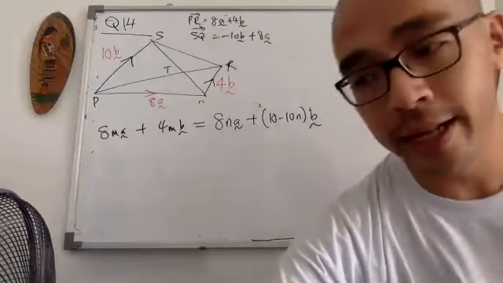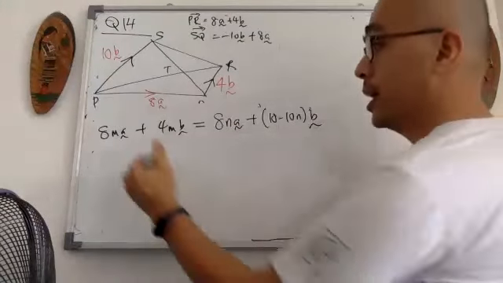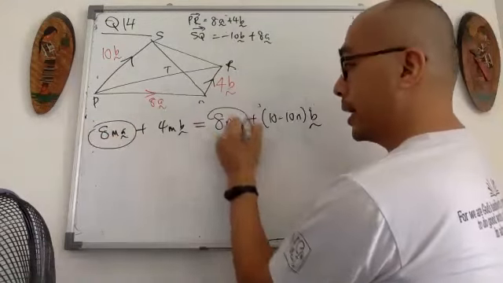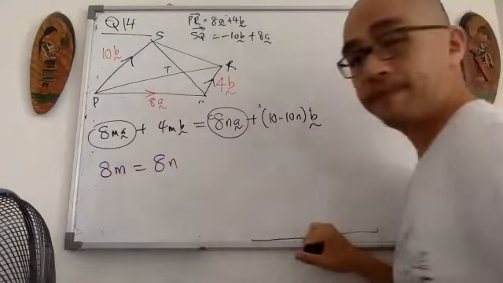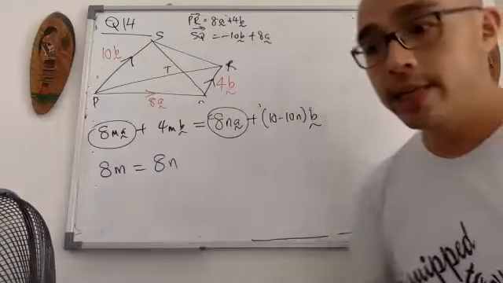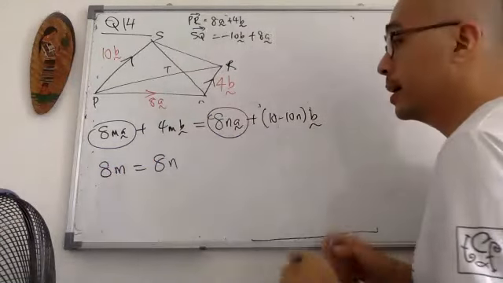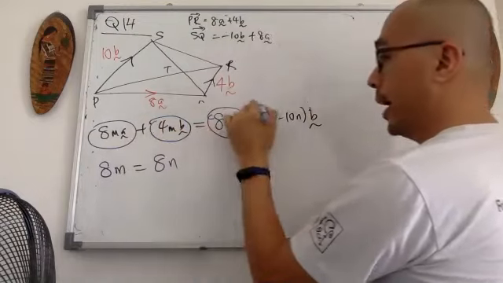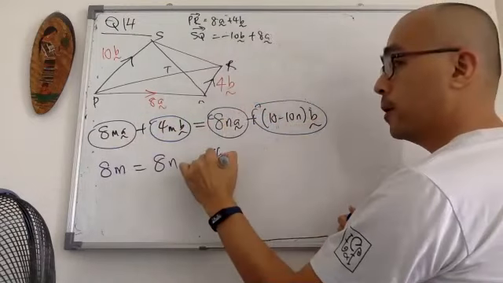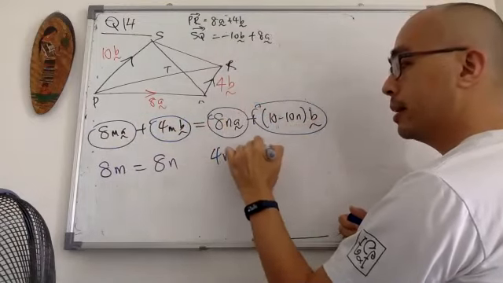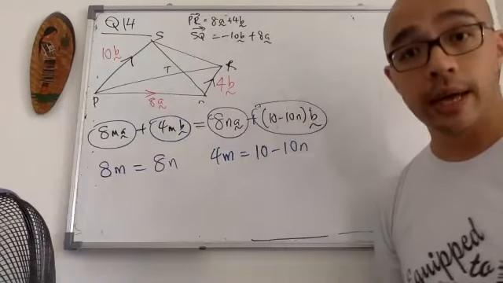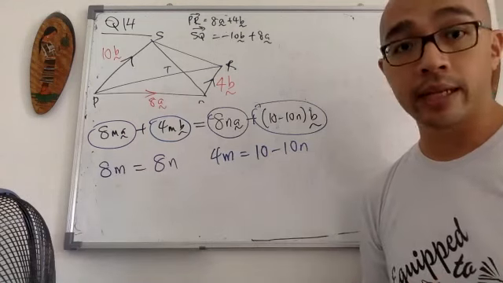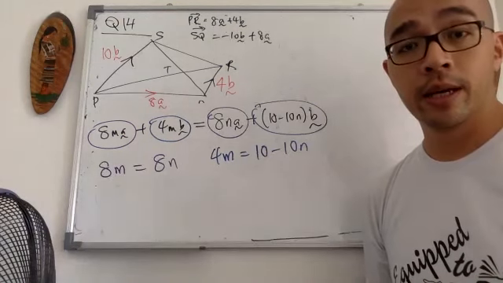So because of that, I can form 2 equations. I compare the A and the A: 8M equals 8N. Secondly, I compare the B and the B: 4M equals 10 minus 10N.